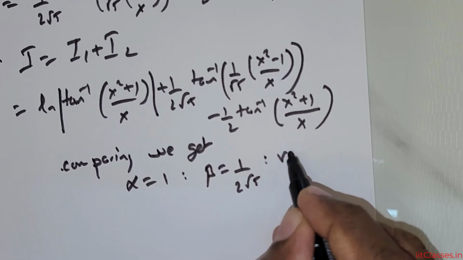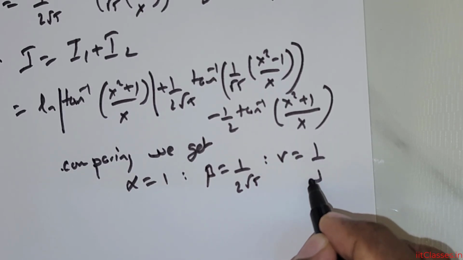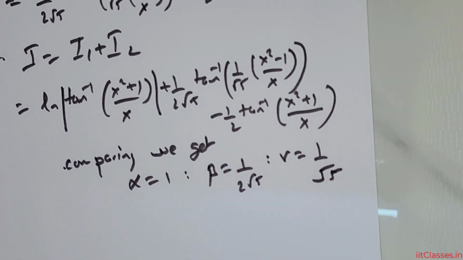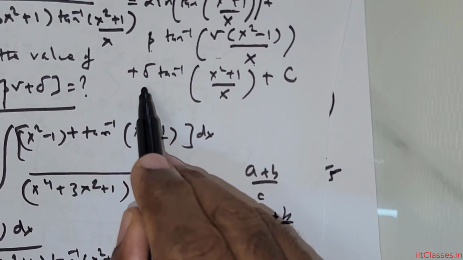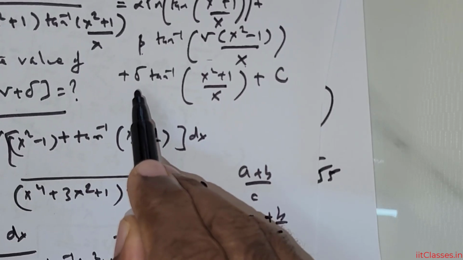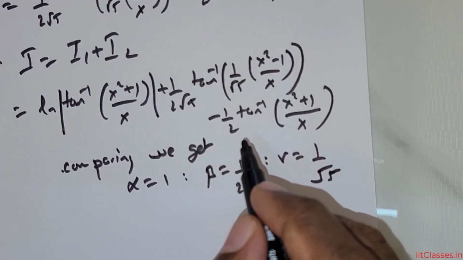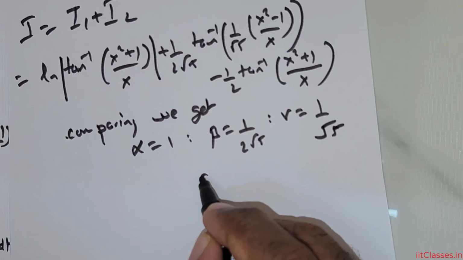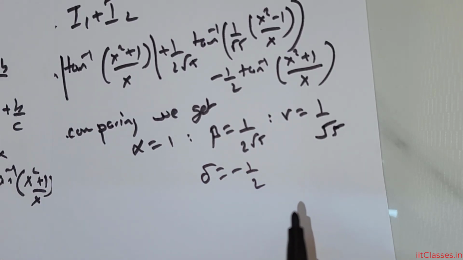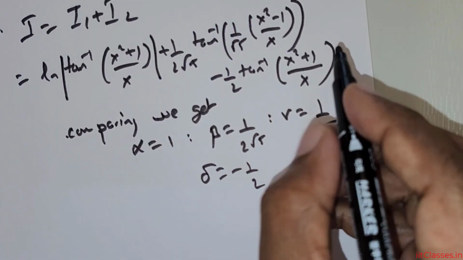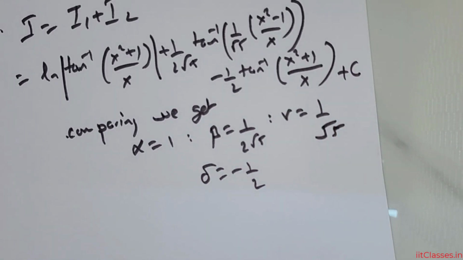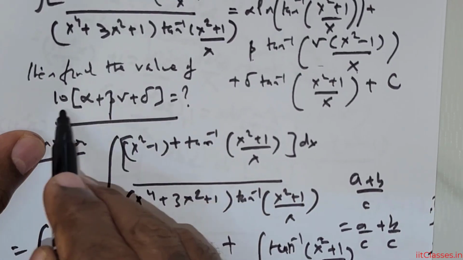Now gamma is 1 over root 5. Now we need to have a delta. Delta is needed, so we need to get a positive of this. So delta will be negative 1 over 2. Of course I will place an arbitrary constant c.